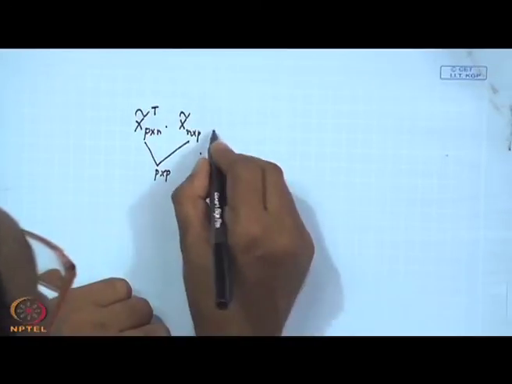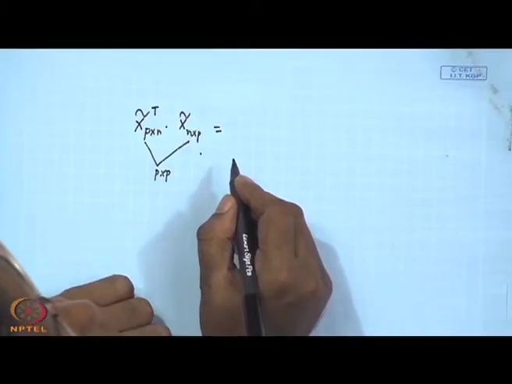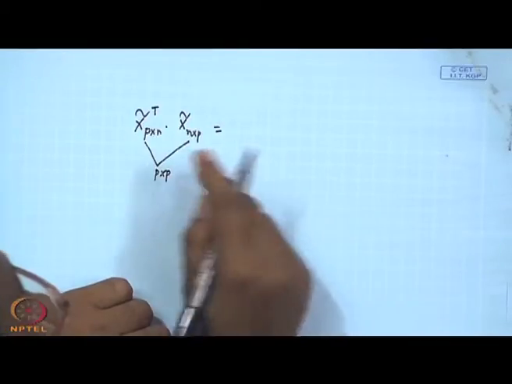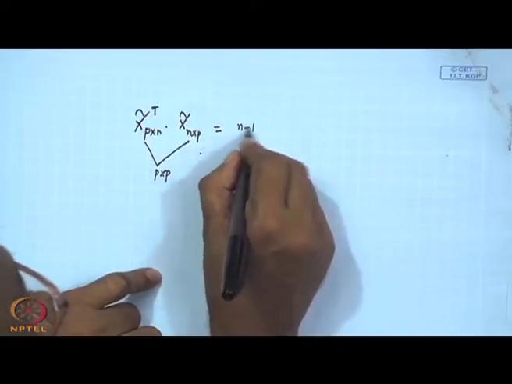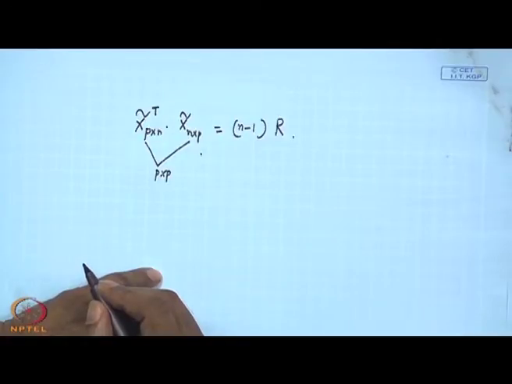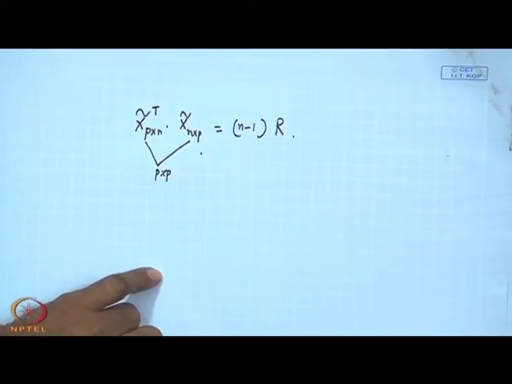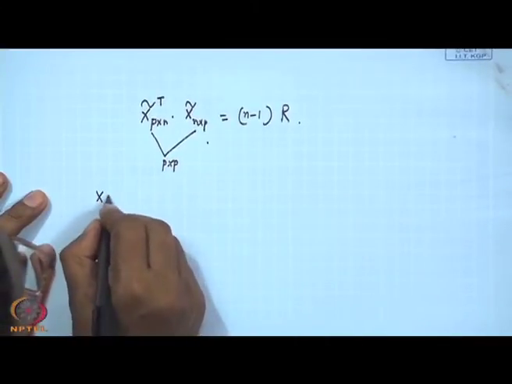Then what will happen? This will not be the identity matrix. You will get n minus 1 into r, where r is the correlation matrix. If you want to check it, you can check it very simply. Suppose my data matrix is like this.